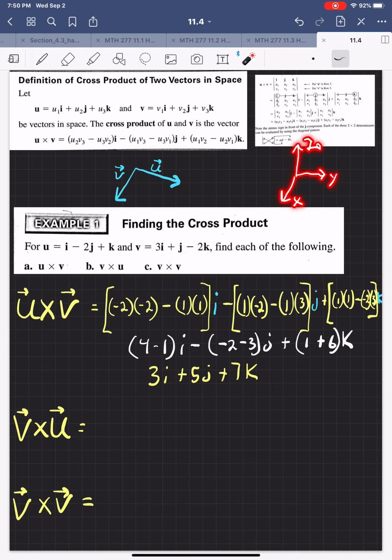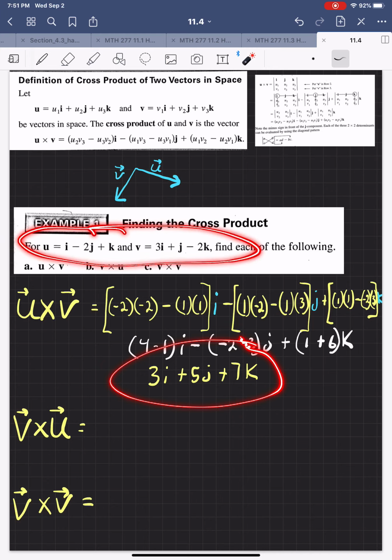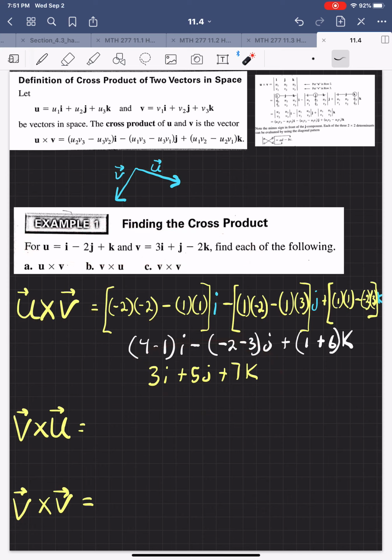I will use i, j, k. So if you take i cross j, you will get k. So does that make sense to you? The vectors that are the cross products are always going to be perpendicular to the two vectors you started with. Okay? So it's a beautiful thing. So that's kind of the goal, right? And then we build the math to reach the goal.